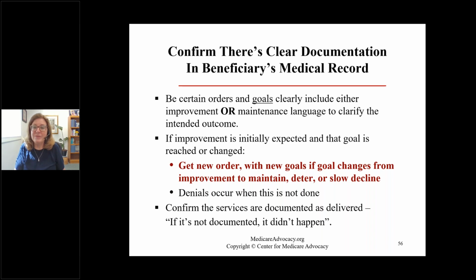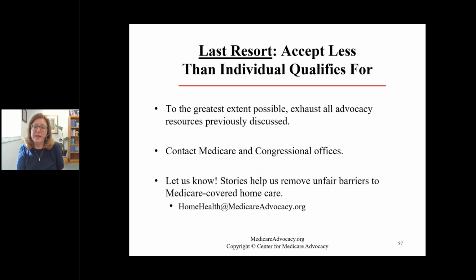The denial part of this is frankly the easy part, to make sure that you have the documentation. The more difficult part is the obstacles that the agencies are facing in trying to provide those services that you qualify for. And again, as a last resort, we often say to people, look, if an agency can only provide you with seven occupational therapy visits, is that better than nothing?